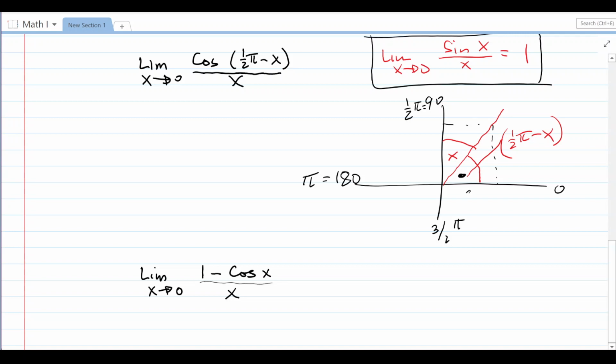Let's say this is a, divided by the value of the radius r. So you can say cos of half pi minus x, by definition, equals a over r.